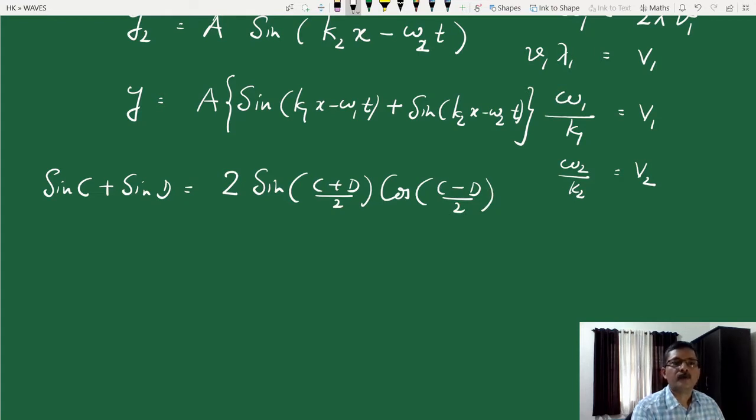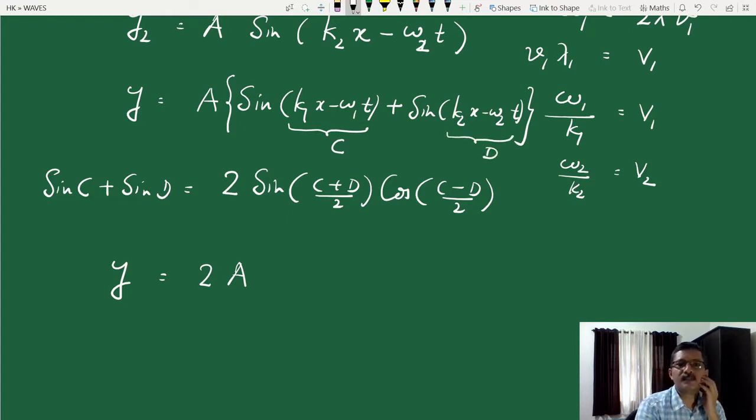If we use this, I will write the cosine term first. So 2a, and then cos of c minus d by 2. In this expression, the phase k1x minus omega 1t is c, and k2x minus omega 2t is d.